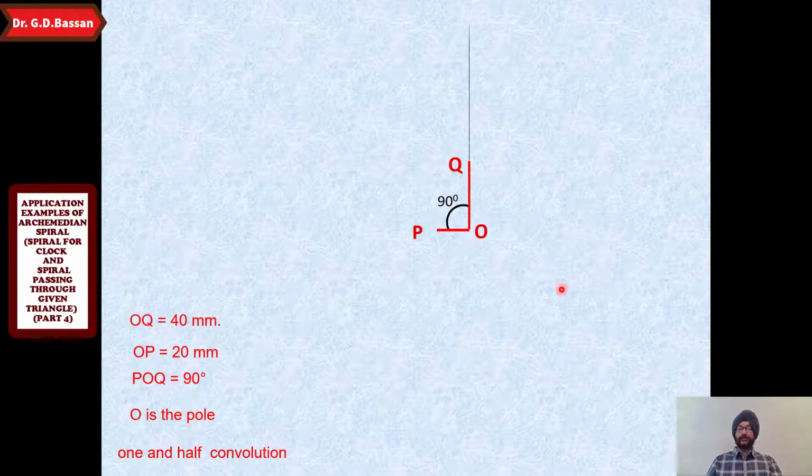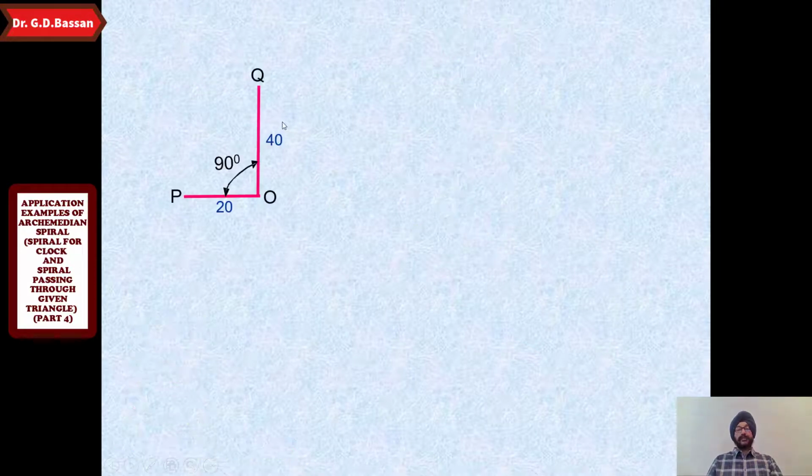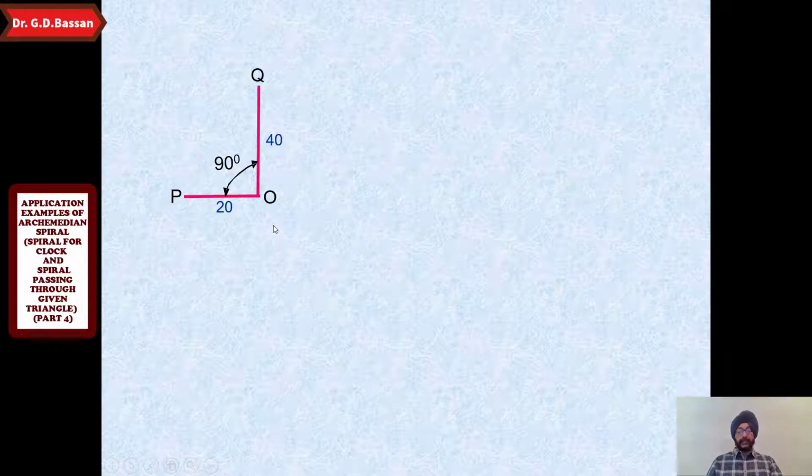So what to do now? We have to find the final radius vector also, as we did in the previous example. So again we have to find the constant of the curve. Remember one thing: whenever an Archimedes spiral passes through two intermediate points, the procedure is always to find the constant of the curve first. The second step is, from the constant of the curve, to find the total linear travel.